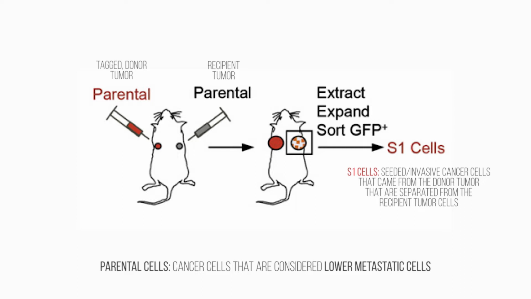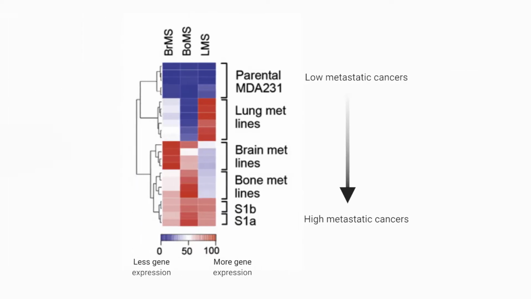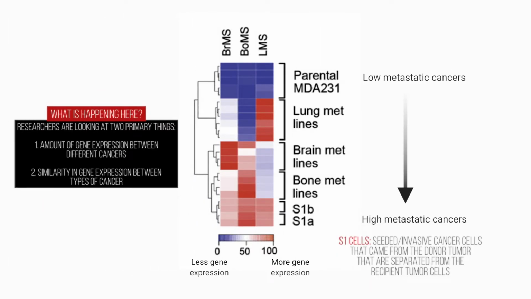So what about those cells, which are now called S1 cells, led them to leave the donor tumor and go to the recipient tumor? What is so special about those cells that's leading to a cancerous invasion of the other tumor? And they show for 2E a gene profile of a comparison between different types of cancers.